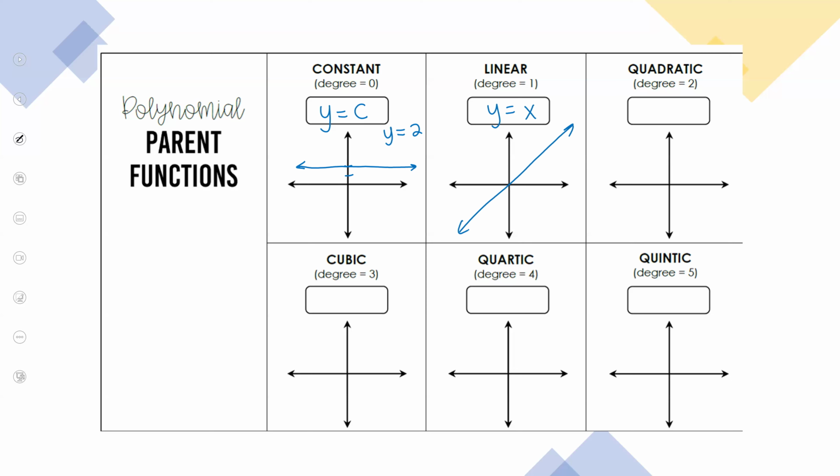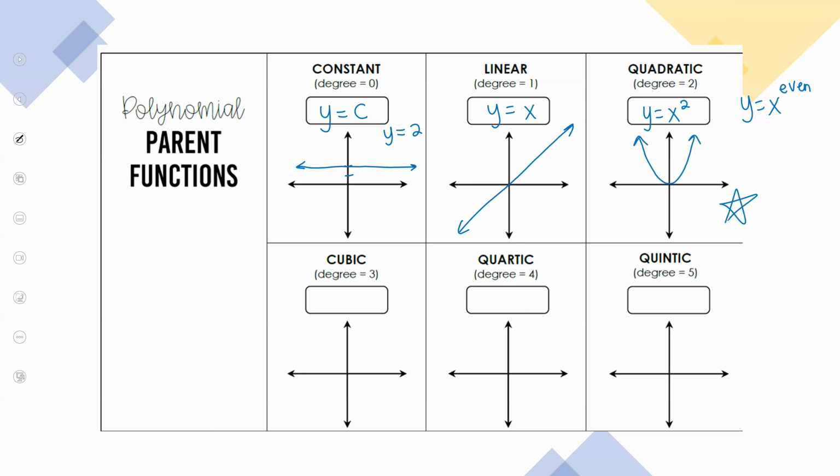Your quadratic is y equals x squared. Your exponent is a 2, degree 2. This will look like this. And I'll just give you a hint. When your degree is even, such as 2, 4, 6, 8, 10, it's going to pretty much look like this.